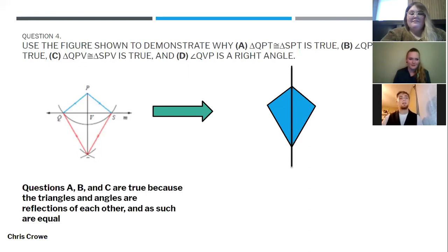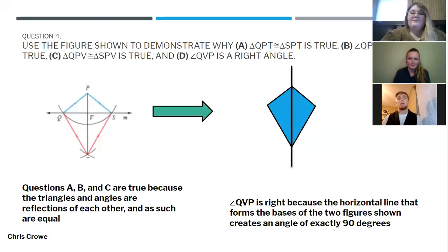If you take the line that I've put through the figure, you can see that A, B, and C are true because every single triangle is a reflection of the one it's asking why it's equal to. So triangle QPT is equal to triangle SPT because they are reflections of each other. They're opposite but equal. And in this instance, side angle congruence would fit pretty well with them.